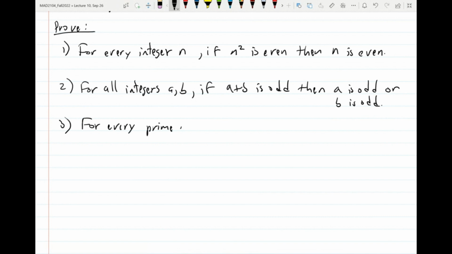So for every prime number P, either P equals 2 or P is odd. By the way, these are all the proofs that are in that section that I asked you to read. Okay, they actually worked out these examples. I mean, we do what we can, yes, but write everything.